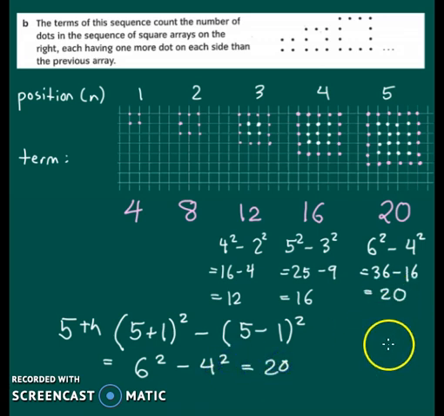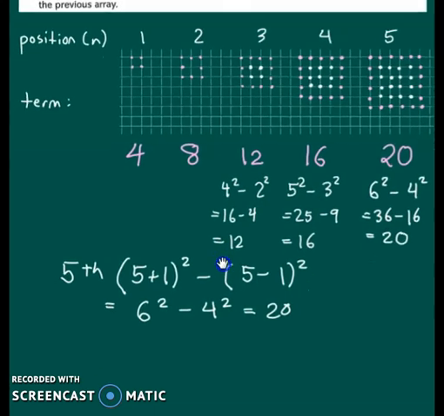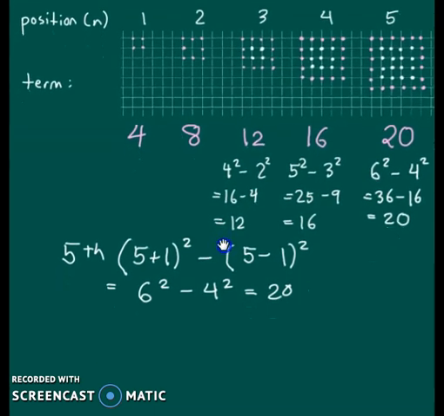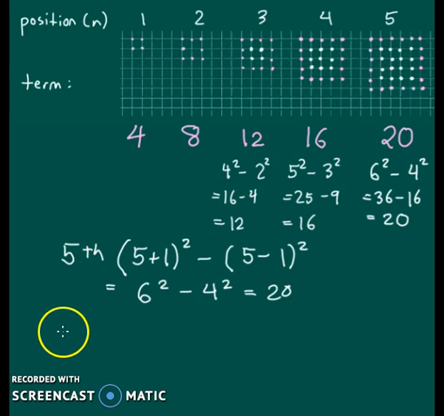So now, how would we find out what the 10th term was going to be using this pattern without drawing it? Well, let's try to use the same idea. For the 10th term, we need a square that is made up of one more dot than the number of that term.